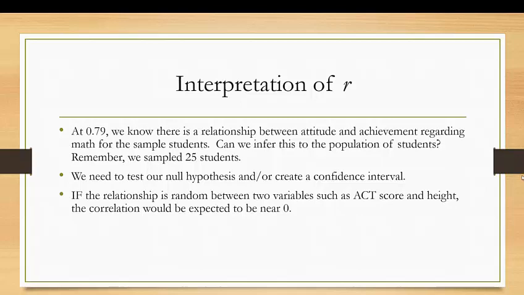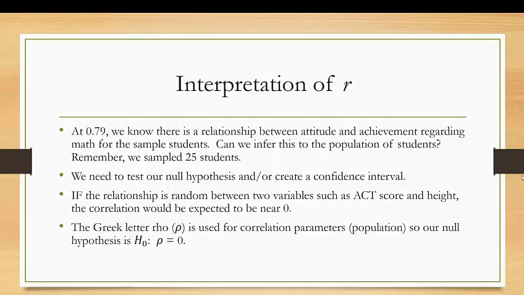Then we would expect that there would be no relationship. So any coincidence that you have a high ACT score and a high height, or a low ACT score and a low height, or a negative relationship where you had a high ACT score and a low height, whatever you do, we would expect that to be 0, okay?